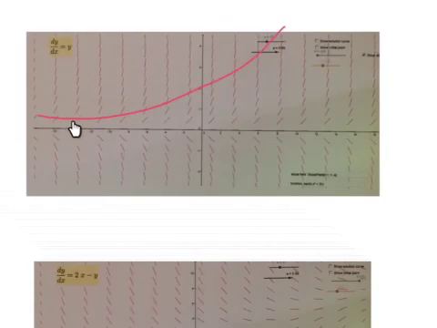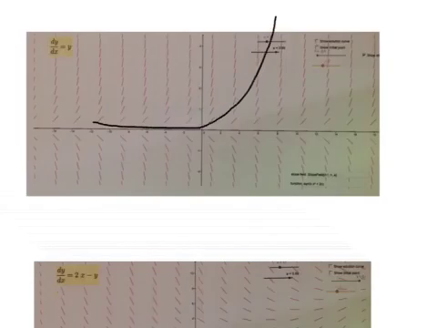Even though this line is exponential growth, it doesn't fit what the slope field is doing. So this is drawn incorrectly. How it should be drawn is maybe a little flatter to begin with, and then something like that.